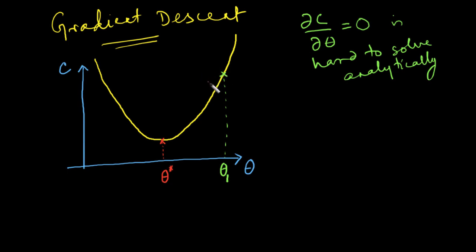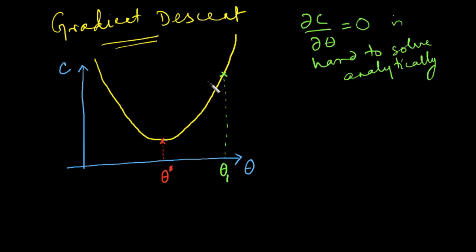So what does that mean? That means that you need an algorithm that moves your value of theta in a direction opposite to the direction of the gradient of your cost function, and that is exactly what is gradient descent. So it is descent because you are moving in a direction opposite to the one in which your gradient is increasing.